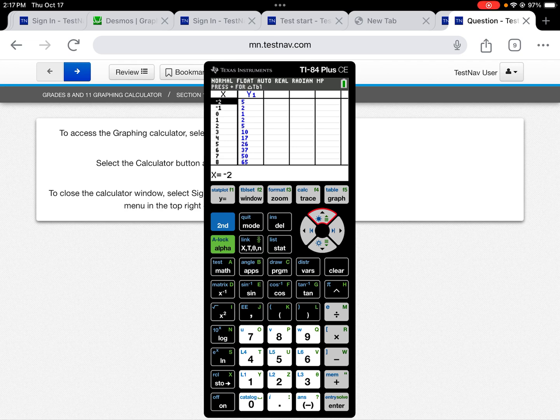Here when you have the opposite of 2, you still get a positive 5. Here when you have the opposite of 3, you get 10. And here when you have 3, you still get 10. Here when you have 4, you get 17. So when I get to negative 4, I should still get 17. Here when I have a negative 5, I get a 26. At the bottom where I have a positive 5, I get a 26. That's going to make this an even function.